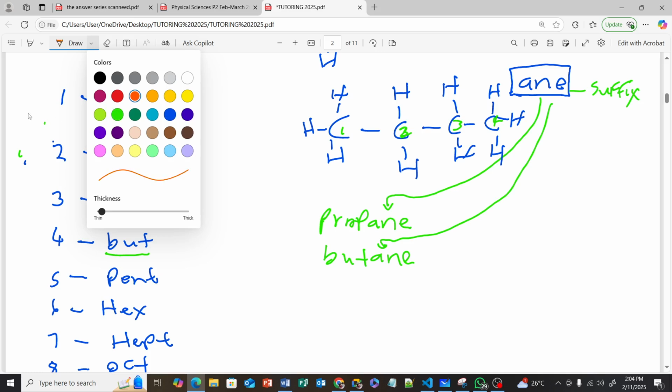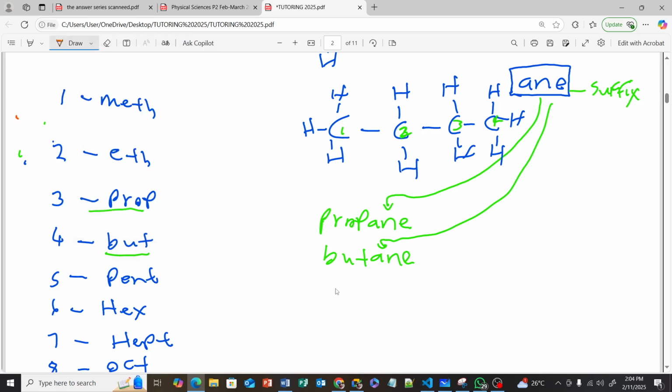So we have already figured out that we have how many carbons? 4. Now how many hydrogens do we have? 1, 2, 3, 4, 5, 6, 7, 8, 9, and 10. So we have H10.